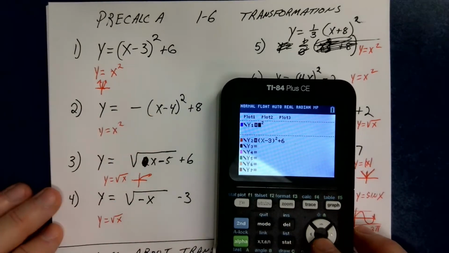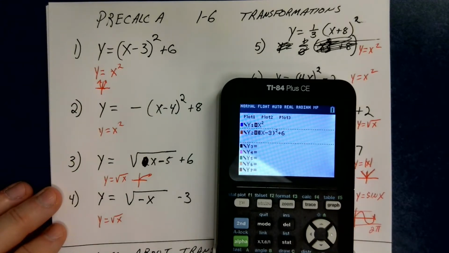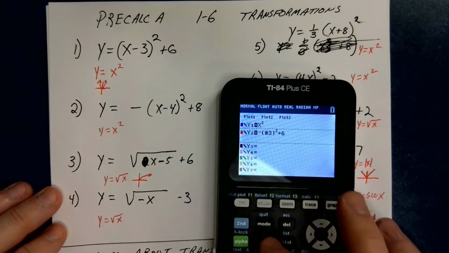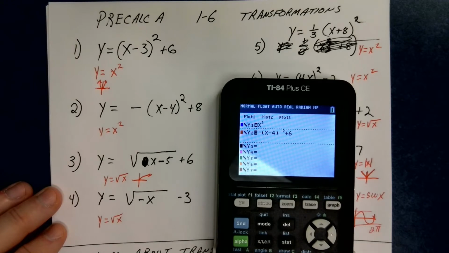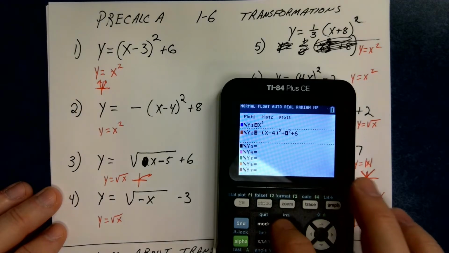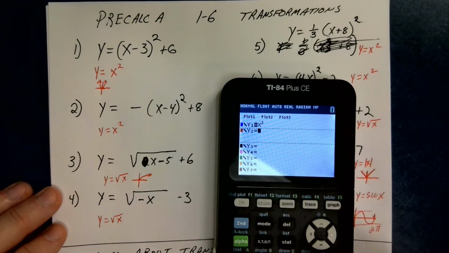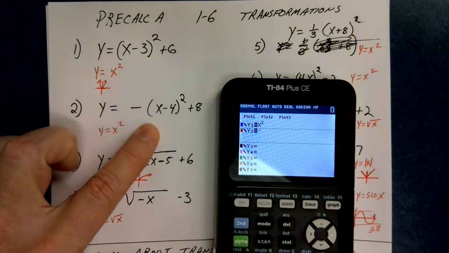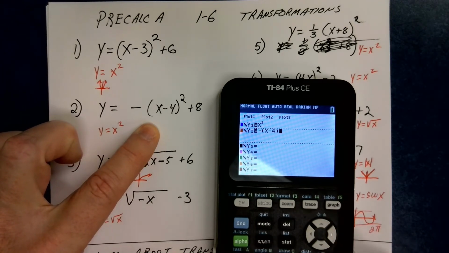So let's go down to number 2 and see what we got here. So negative parentheses x minus 4 close parentheses squared plus 8. Oops, sorry. We'll start all over again on that. That'll give you time to catch up in case I was going too fast. Negative (x minus 4) squared plus 8.